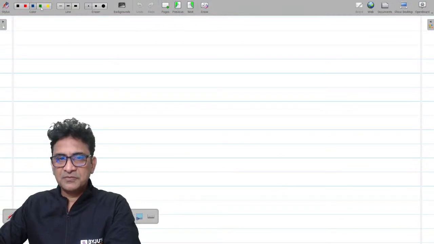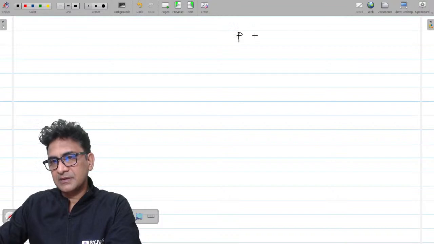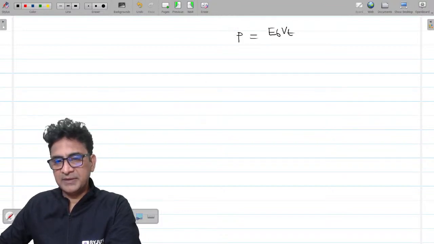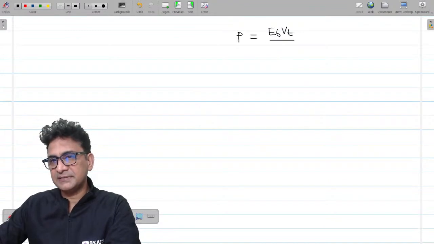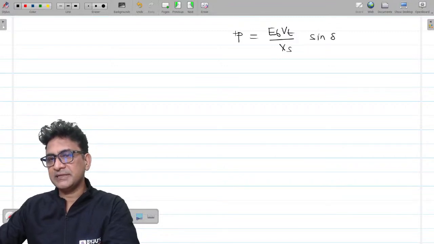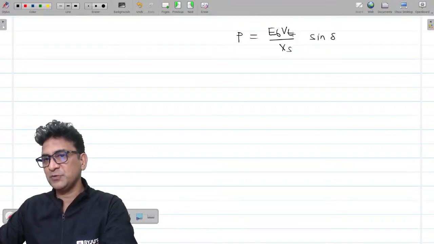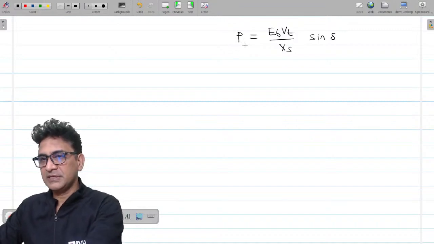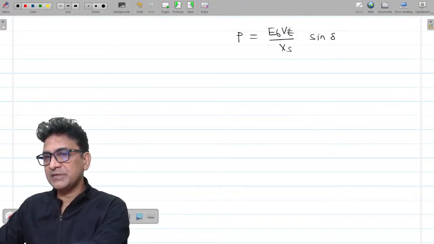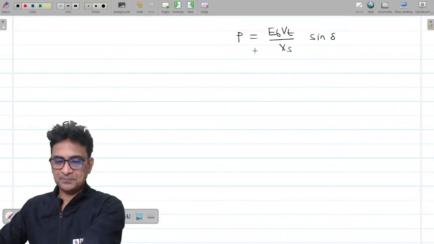What is the formula of active power? P is EF VT divided by XS into sin delta. If you use line voltage here, you will get the three-phase power. If you use the phase voltage here, you will get the single-phase power. So I can use line voltage directly here to get the three-phase power. Clear?